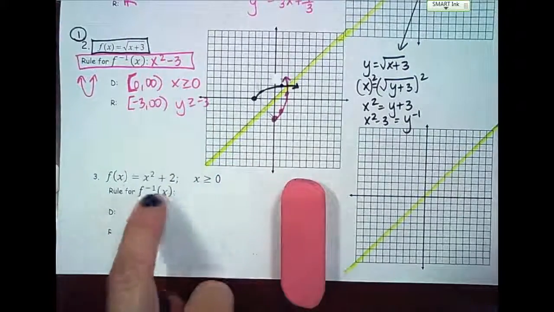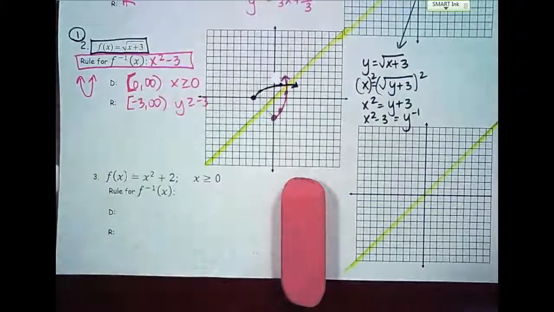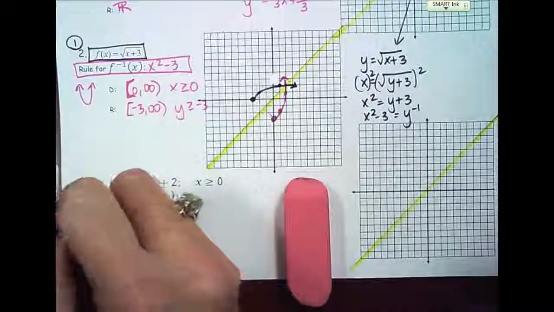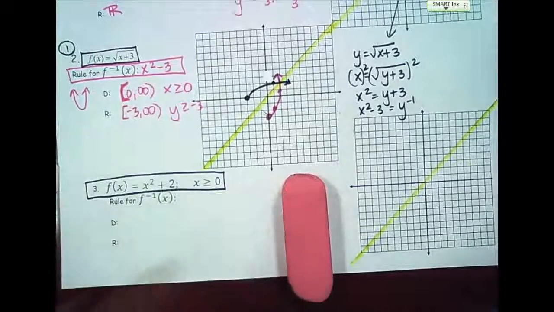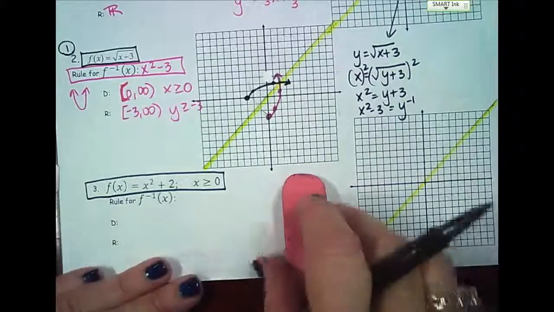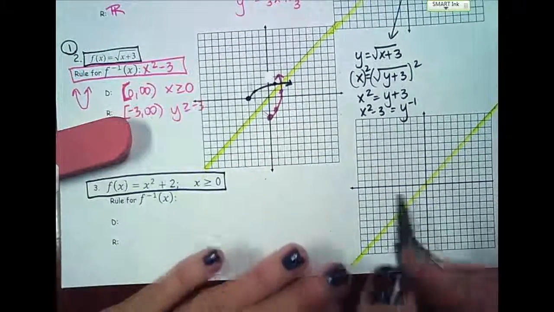Okay, you'll notice it gave me a restriction. It has to. When I get ready to graph x squared plus 2, what am I only allowed to do? The domain can be what? Greater than or equal to 0. So when you graph it, be sure you follow that.